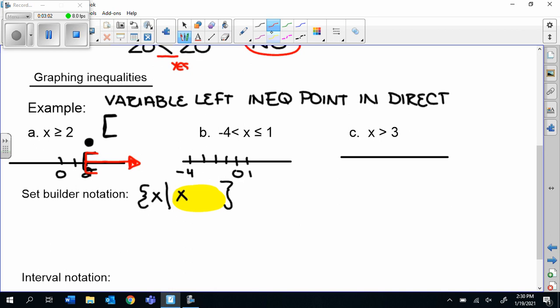Here we are between -4 and 1. It looks like we include the 1, but we do not include the -4. So when we don't include something, you might remember the open circle. Now we're going to use parentheses and brackets, and so we're going to have a soft parenthesis here.